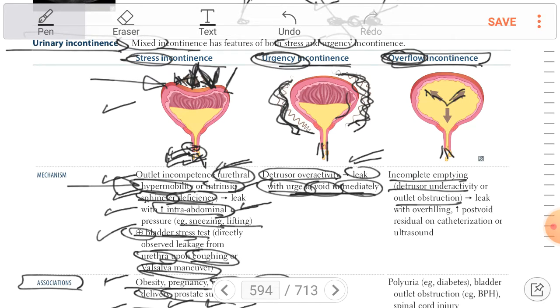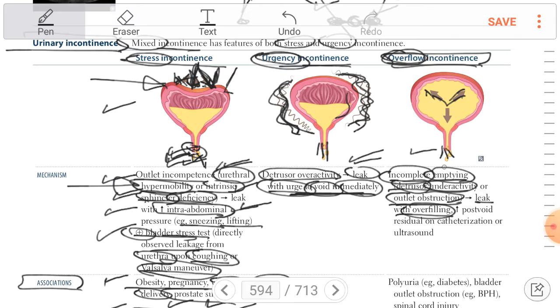So there is incomplete emptying, or incomplete voiding. Why? Because there is detrusor underactivity, or there is outlet obstruction, leading to what? Leak with overfilling means what?